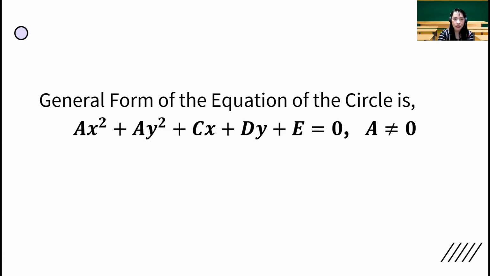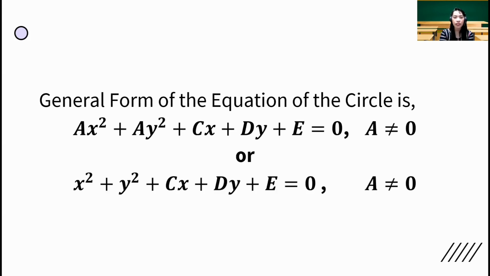Since the coefficients of x squared and y squared are both the same, meaning the coefficient of x squared should also be the same as the coefficient of y squared. They have the same coefficient. Or it can be in the general form x squared plus y squared plus cx plus dy plus e equals 0. The coefficient here of x squared is 1, and the coefficient of y squared here is 1. Here, the value of a is 1.